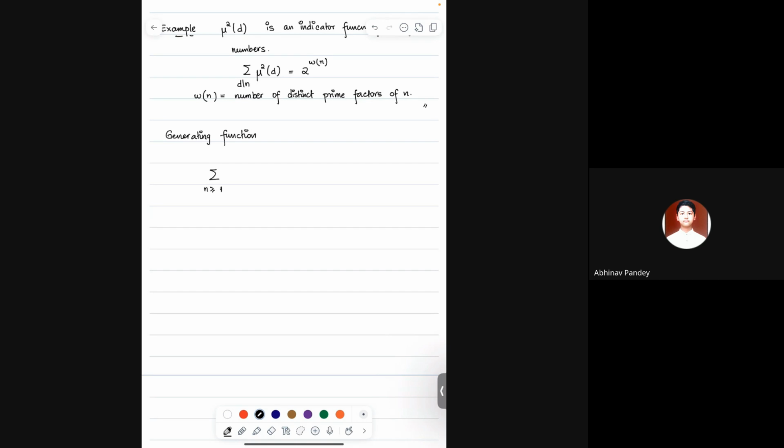You can start from 0, it doesn't quite matter. I'm going to sum over all integers, so n equals 0, n equals 1, n equals 2, up to infinity in some sense.